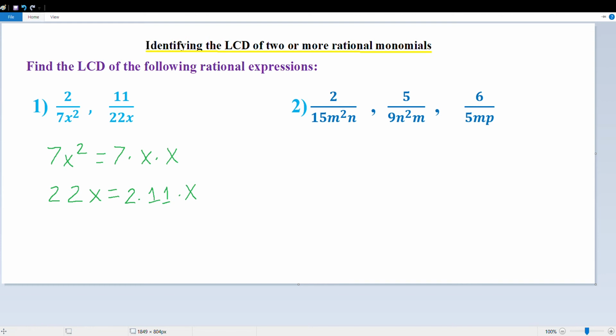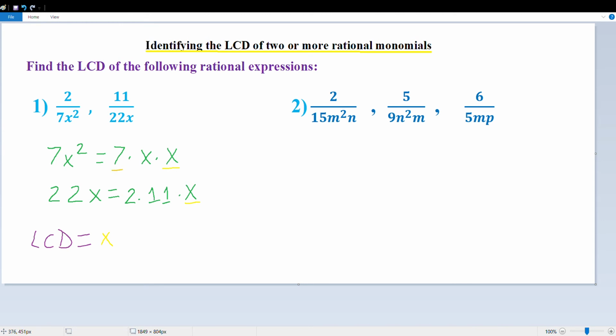So here in our problem we have this x common between those two denominators. So we'll say, okay, the least common denominator would be, here we have x common, so I'm gonna go ahead and write x. Now we don't have any common term between these two denominators, so we'll rewrite the remaining terms as well.